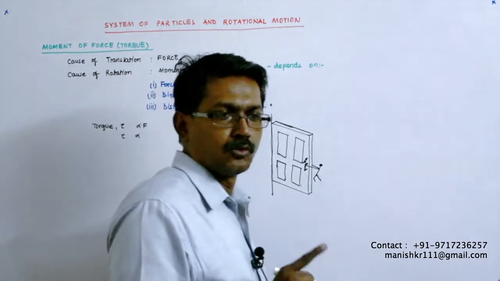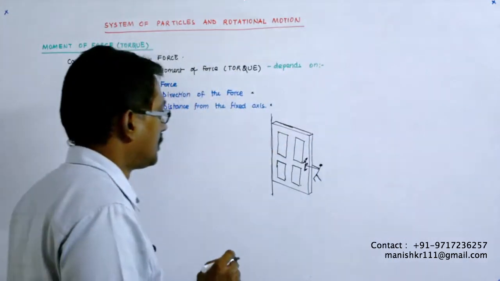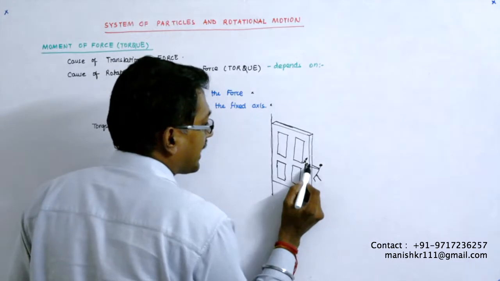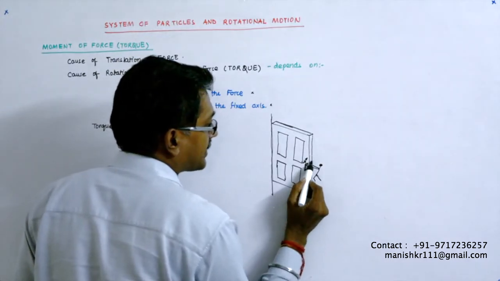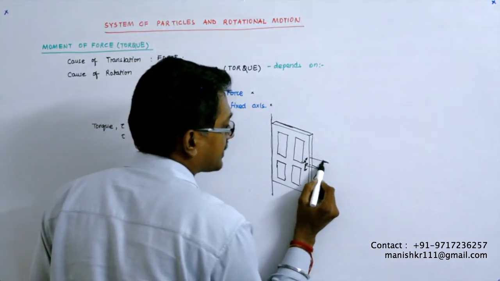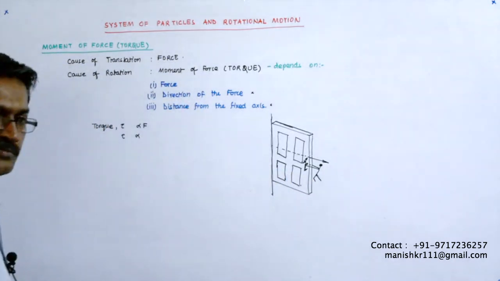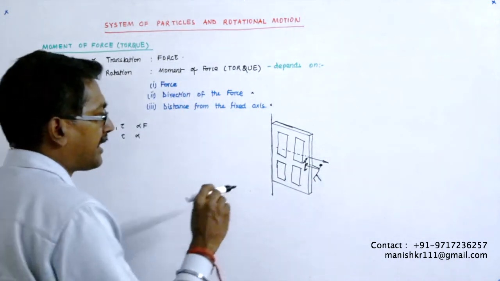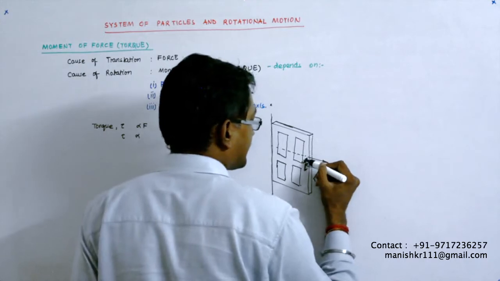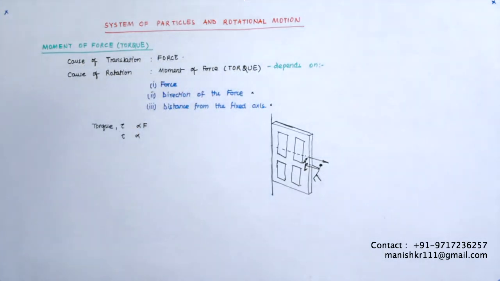And here it moved. Even with my finger push, it was moving. So somehow, what is happening? When I am applying the force like this, my torque is 0. And when I am applying it like this, it is a maximum. Now what does that mean?